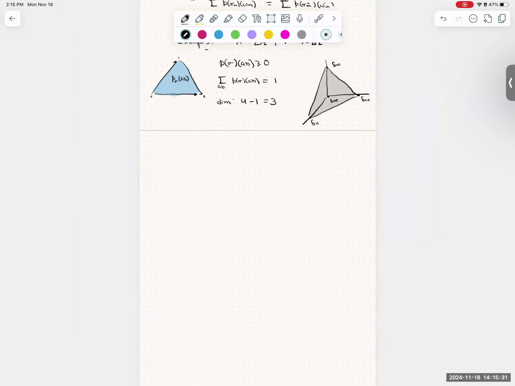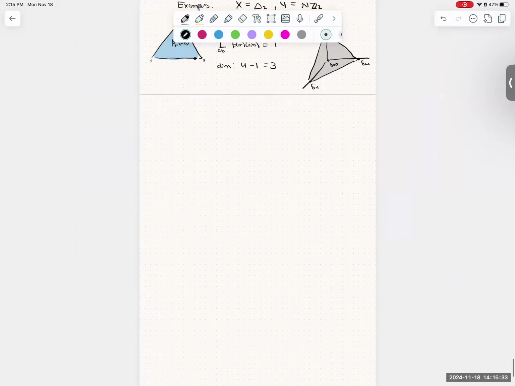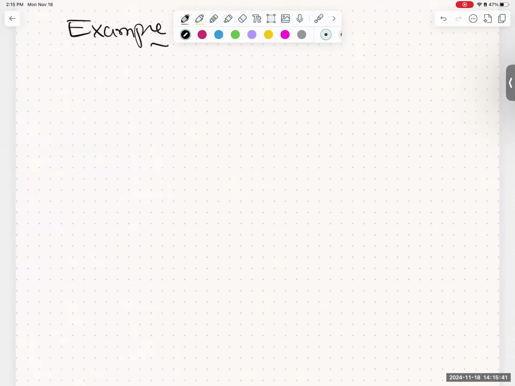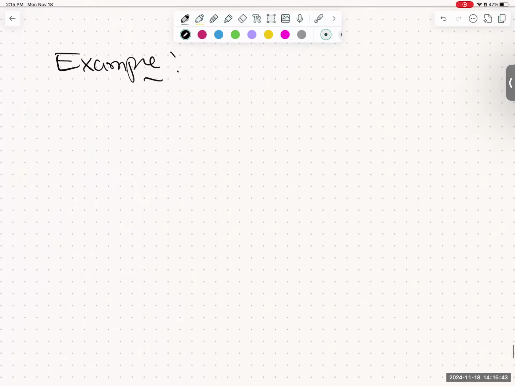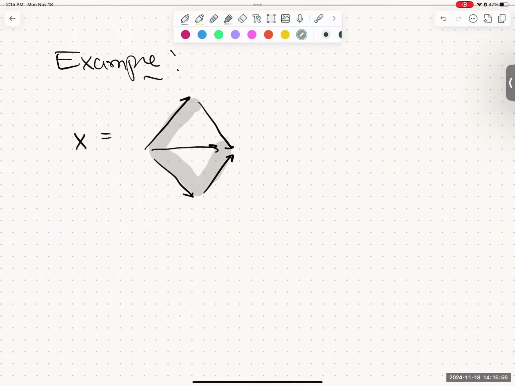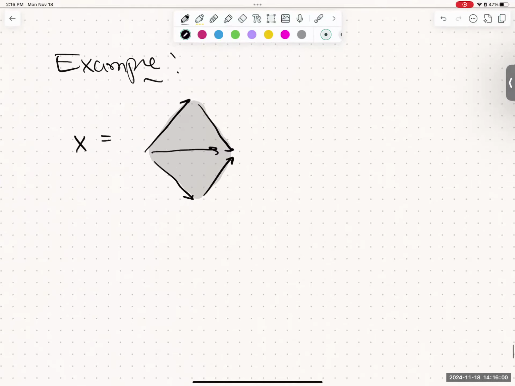We can give another example, but it will not be possible to visualize it. So perhaps we look at x equal to something like this, and we will keep y, the outcome space, the same.